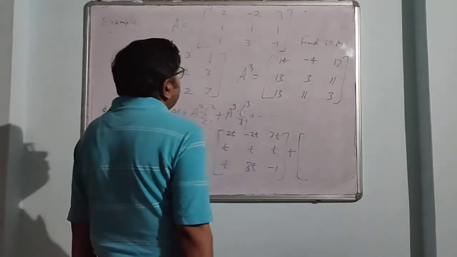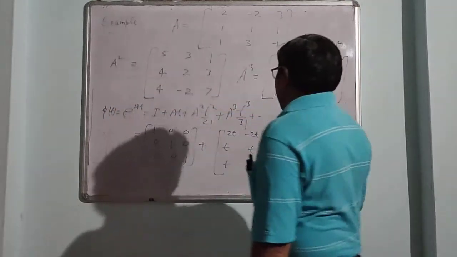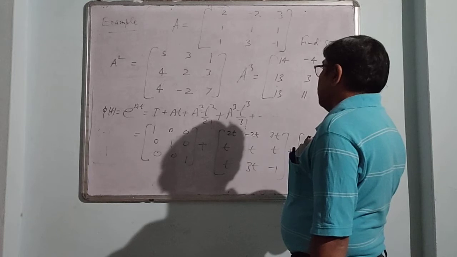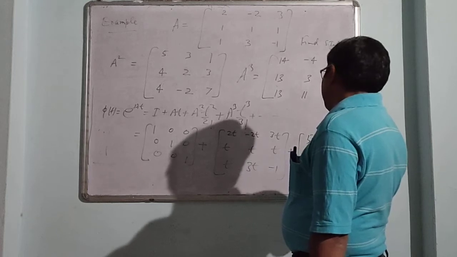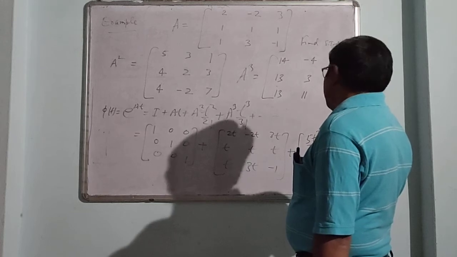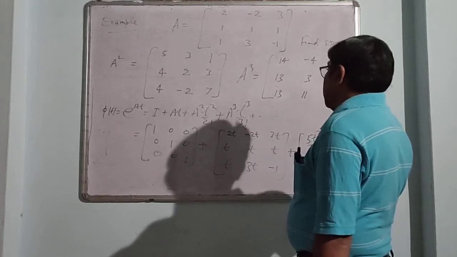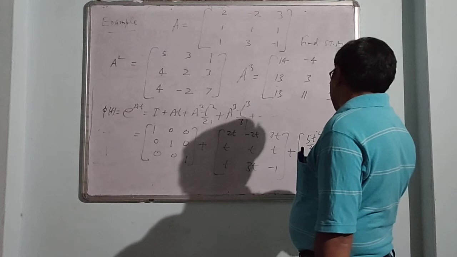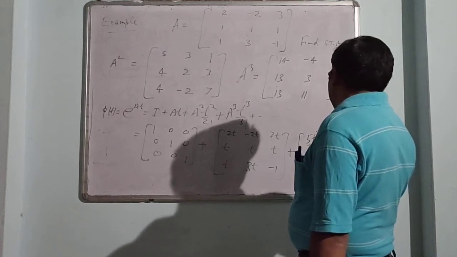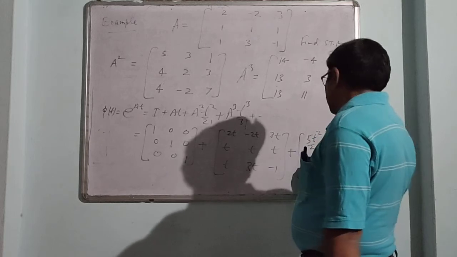A square, that is 5t square upon 2. Here 3t square by 2. Here t square by 2.